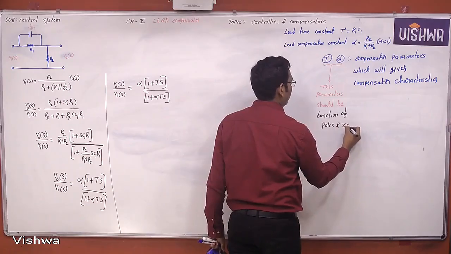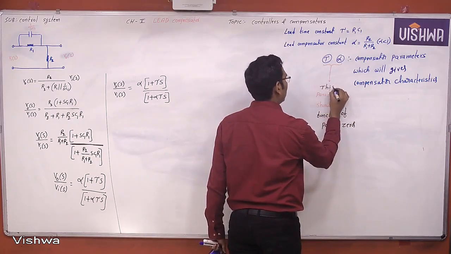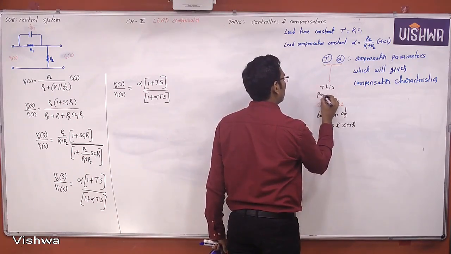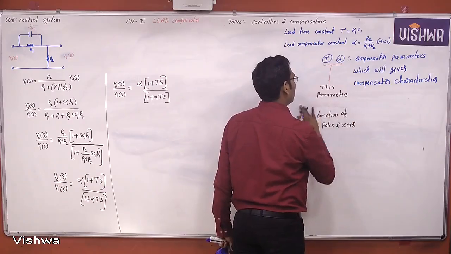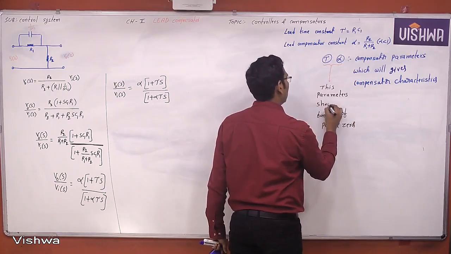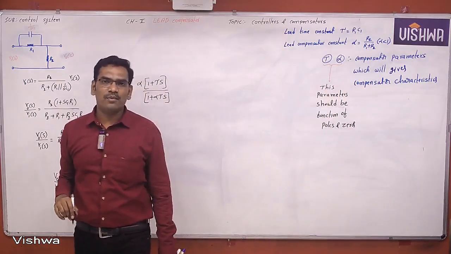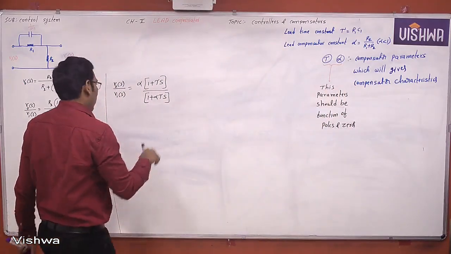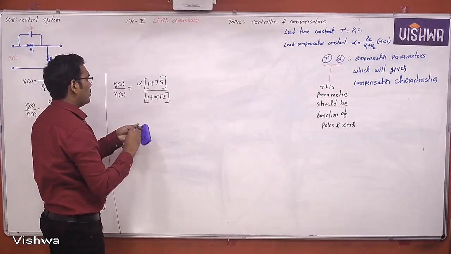It should be only a function of poles and zeros. This parameter should be a function of poles and zeros. So the time constant and compensator constant must be a function of poles and zeros.